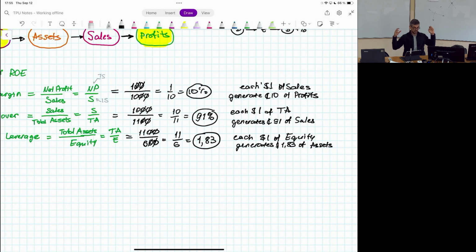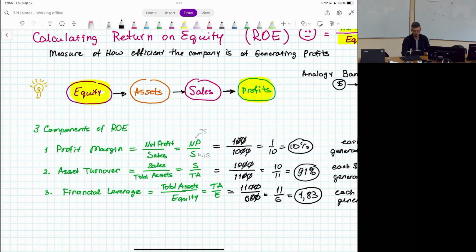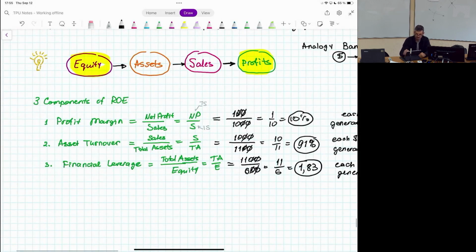А потом эти активы сгенерировали нам 91 из 100 выручки, а потом каждые 100% выручки сгенерировали 10% прибыли. Чувствуете, как вот по сути у нас повторяется эта цепочка. Equity to assets, assets to sales, sales to profits. И вот последний чудесный элемент выглядит вот как.